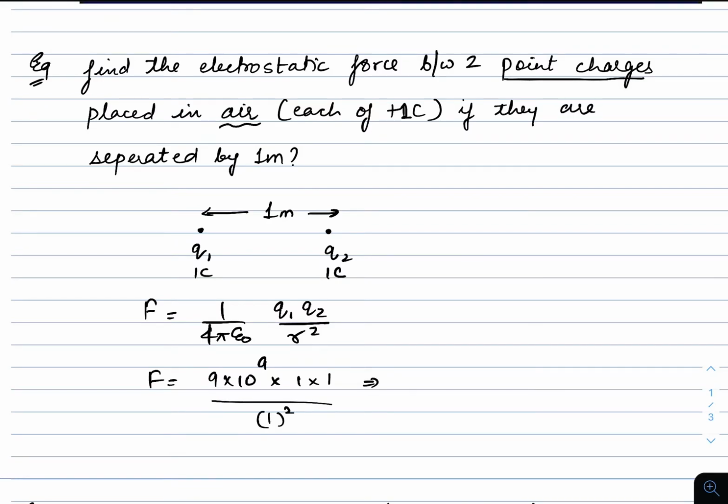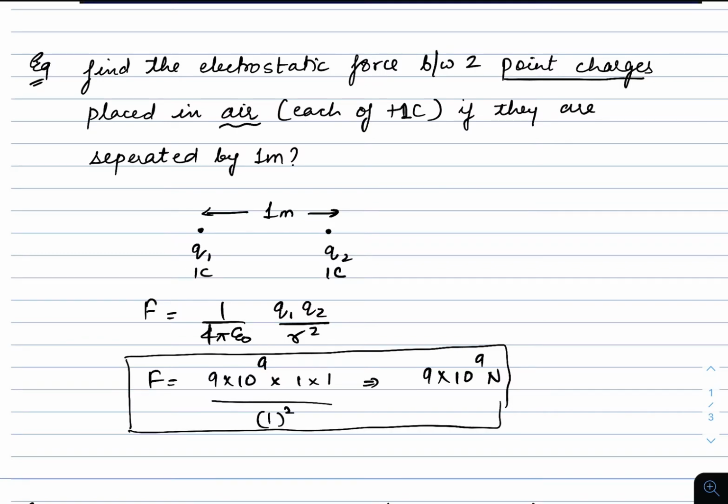So it will be around 9 into 10 to the power 9 Newton, which is a very large force. You can see the value of this force is very huge. So practically 1 coulomb charge does not exist. Rather we take the charges in micro coulomb, nano coulomb, angstrom, and so the very small values, right?